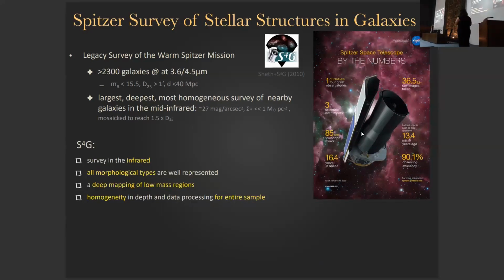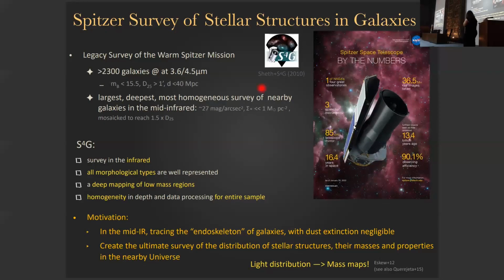The intention of S4G was to create a survey in the infrared where all morphological types would be well represented. It was not exactly the case at the beginning, but this was completed afterwards. It has deep imaging of low mass regions in the outskirts of galaxies, and homogeneity in depth and data processing for the whole sample. Here we're talking about over 2,000 galaxies, basically big, close, bright galaxies.